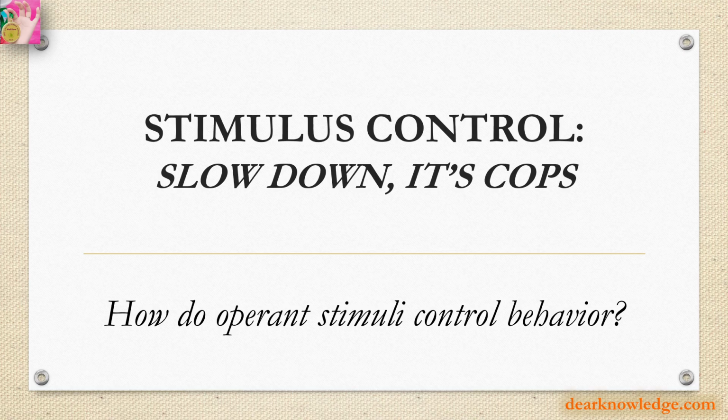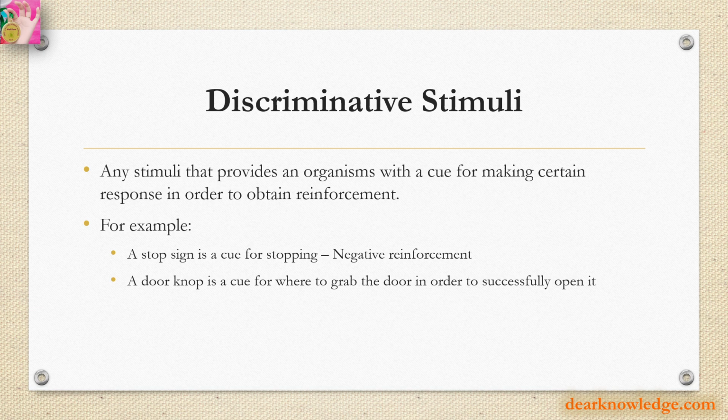In the beginning of the discussion of operant conditioning, it is stated that there are stimuli associated with learning voluntary behavior, even though it's the consequences of that behavior that create the learning process, and these stimuli act as cues in the environment. There is a term called discriminative stimuli, and I would say this is the answer to how operant stimuli control behavior.